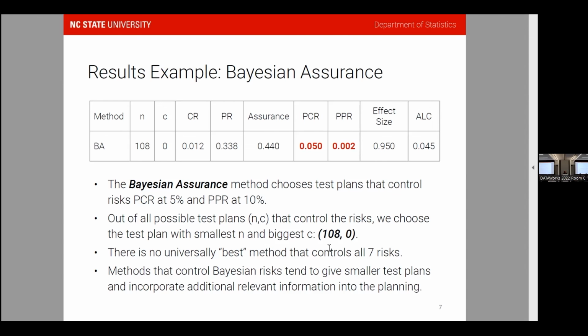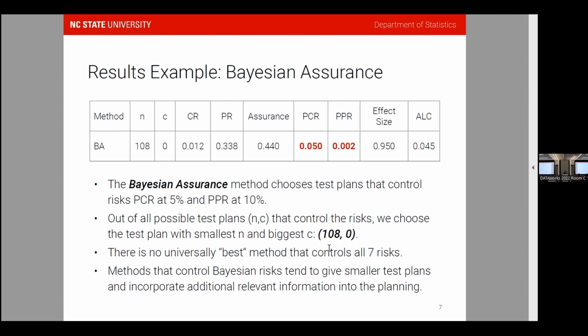And so lastly, methods that control the Bayesian risks tend to give smaller test plans, and we can use additional relevant information that we've got from the previous tests in the planning, so that may be preferable to the decision maker.